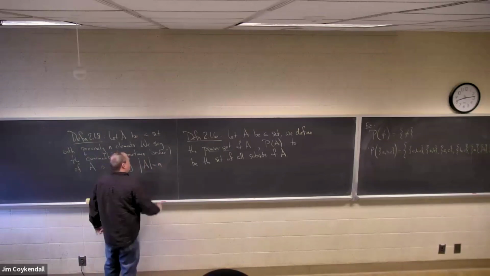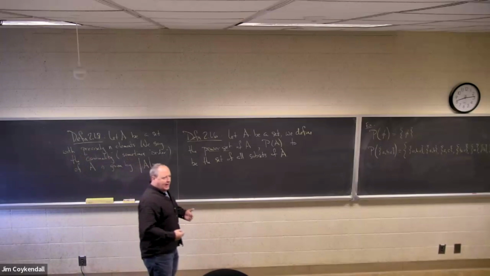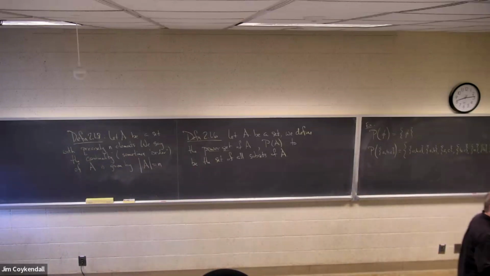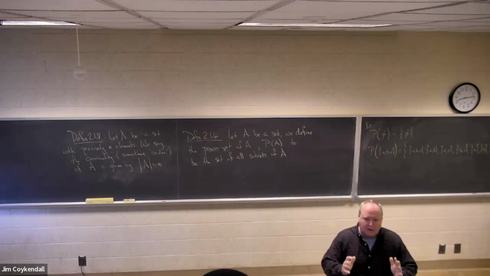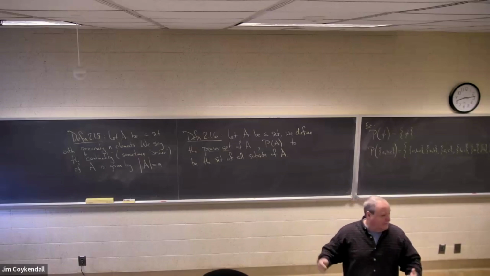When you see this kind of absolute value notation around a set, that's telling me how many elements are in that set, period. This is more sophisticated when you've got infinitely many elements. Right now, you might be in calculus and write the cardinality as infinity for a set that's not finite.